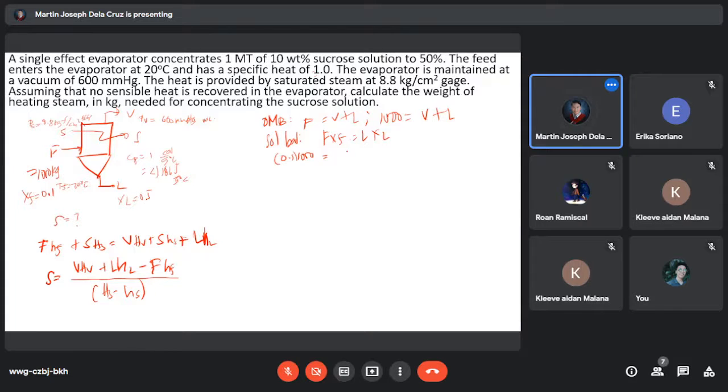And then L XL will be having 0.5 L. So L now is 200. So F 1000 is equal to your 200 plus V.